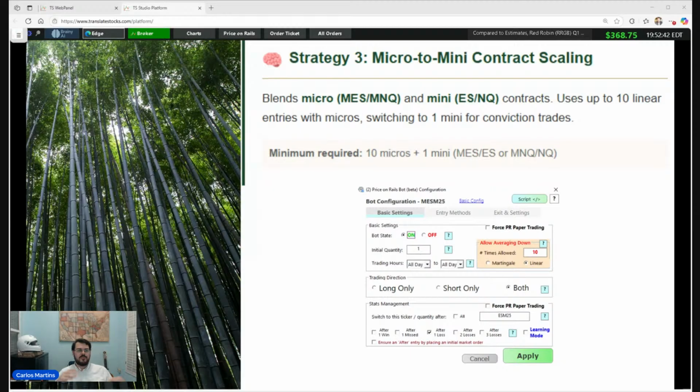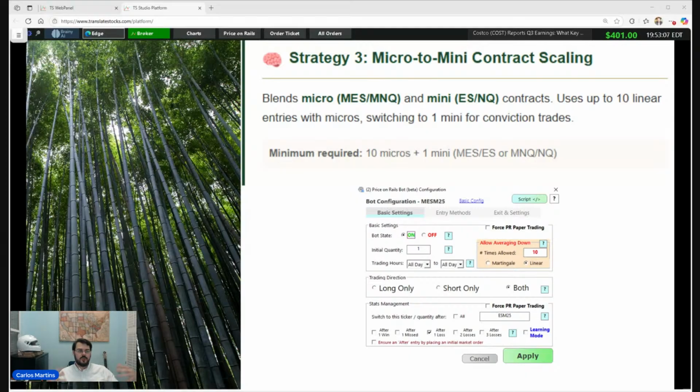And to avoid that, we are using the linear entry, not martingale. Linear entry is using the same quantity every time that you are averaging down your position. So let's say that you enter a position with one contract, and that position is going south, and you're in a temporary loss, and then you decide to increase your position.